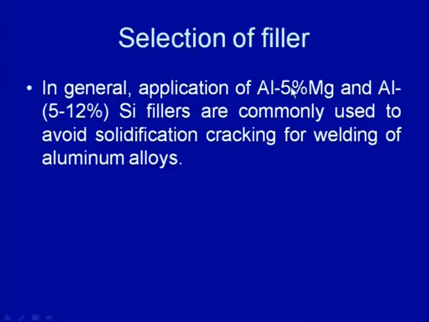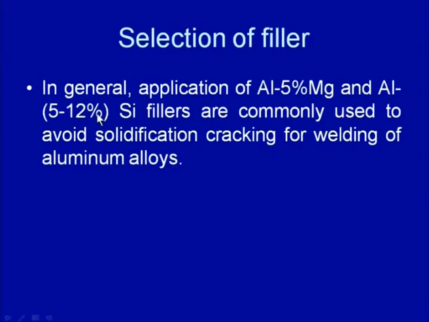And for this purpose, two types of filler materials are commonly used, where aluminum 5% magnesium is used or aluminum 5 to 12% silicon is used. Use of aluminum 5 to 12% silicon significantly decreases the solidification cracking tendency in the welding of aluminum alloys, and therefore, aluminum silicon filler metals are commonly used during the welding of aluminum alloys.